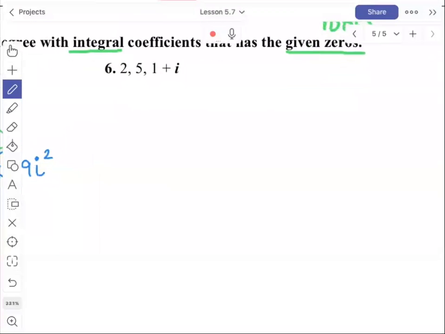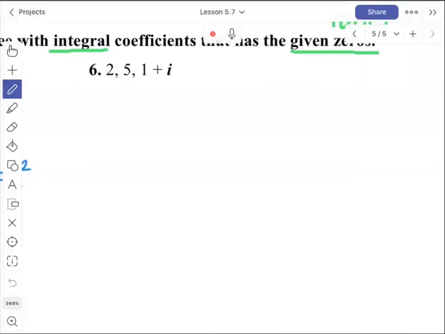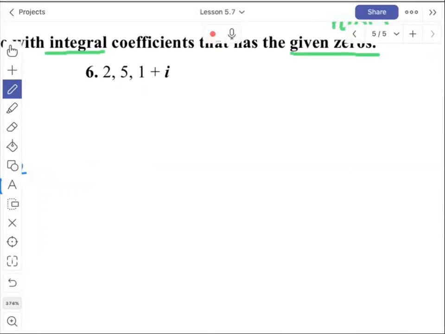Okay. All right, I have a root of 2. So what should be its factor? Angie, what do you think? X minus 2. You need an x.